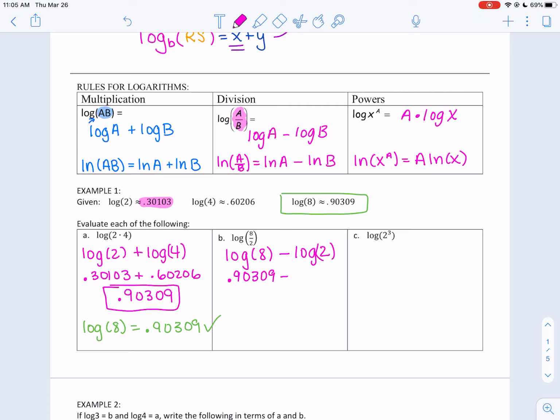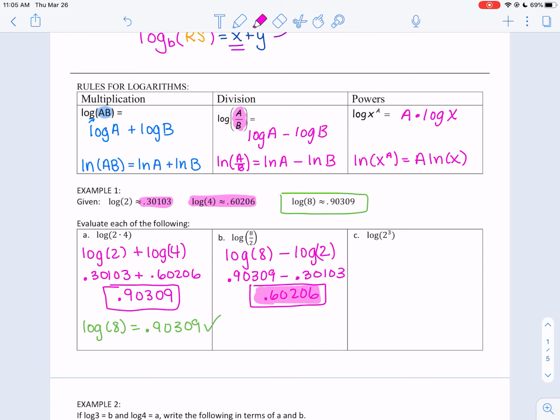Log of 2 is approximately 0.30103. And if you subtract those two expressions, you'll get 0.60206. And again, that would make sense. Because if we look at that expression there, that value would be the same as having log of 4, because 8 divided by 2 is 4. And if you look at that value, it matches.